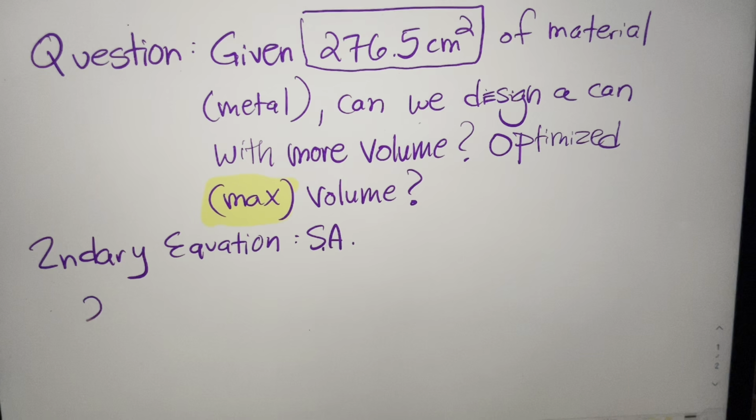20.0 centimeters. Now, the area of the can, the amount of material we use, is going to be the circle at the top and the circle at the bottom. So the surface area here is going to be pi r squared plus pi r squared.